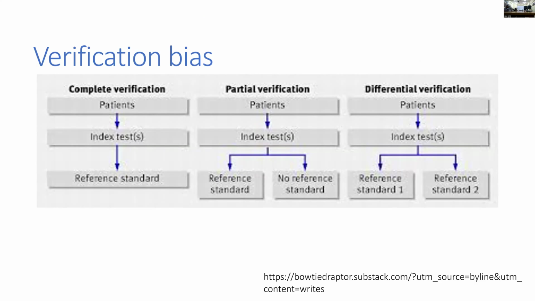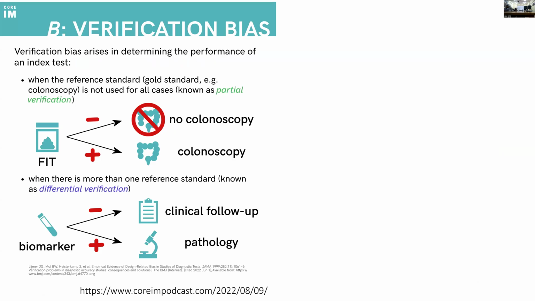We'll look at this with an example which I've taken from the Cochrane. So verification bias. Suppose we're looking at colonic polyps. Your index test is a fecal immunochemical test, something like a test which looks at blood in the stool. Now, suppose the test is positive and they undergo colonoscopy, but the test is negative and they don't undergo colonoscopy.